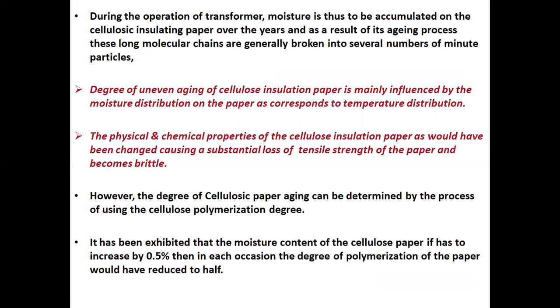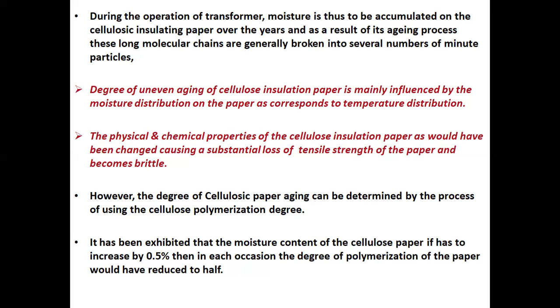Degree of uneven aging of cellulose insulation paper is mainly influenced by the moisture distribution of the paper as corresponds to temperature distribution. The physical and chemical properties of the cellulose insulation paper would have been changed, causing a substantial loss of tensile strength of the paper and it becomes brittle.